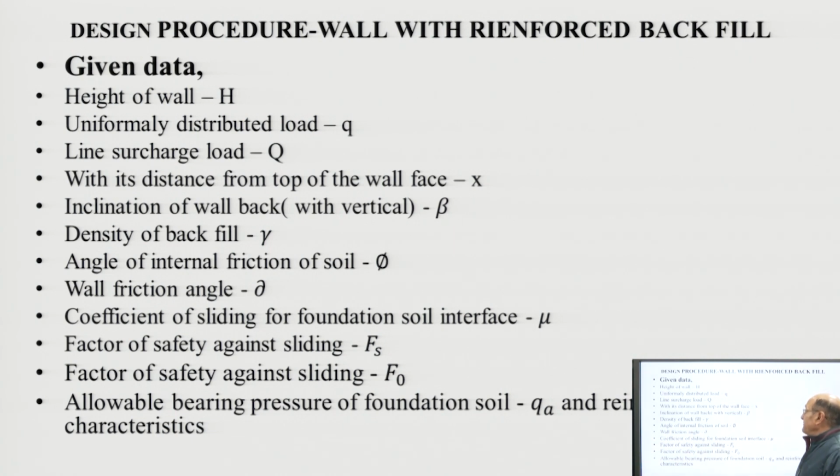The given data will be: height of the wall H, uniformly distributed load q, line surcharge q with its distance from top of the wall face, that is x, inclination of wall back with the vertical beta, density of backfill gamma, angle of internal friction of soil phi, wall friction angle delta, coefficient of sliding for foundation soil interface, that is mu, factor of safety against sliding Fs, factor of safety against overturning F0, allowable bearing pressure of foundation soil, that is Qa, and a reinforced characteristic.